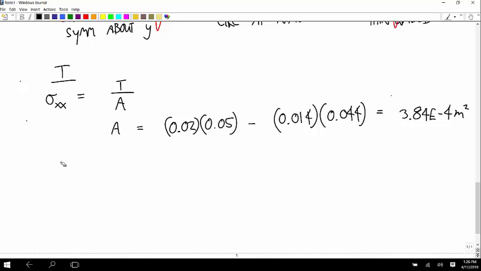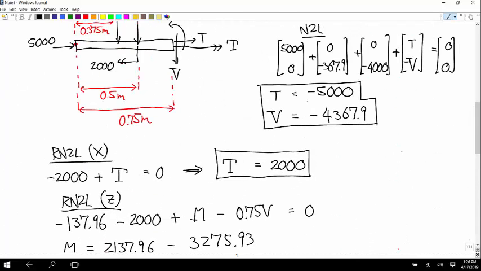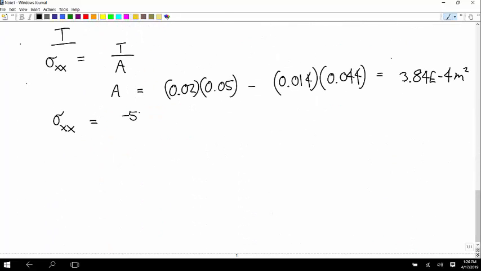Okay. So sigma xx is what we got for the tension, negative 5,000 divided by 3.84 times 10 to the minus 4.